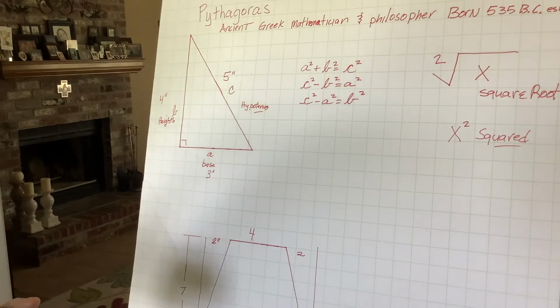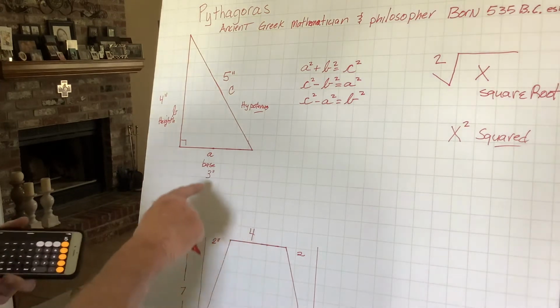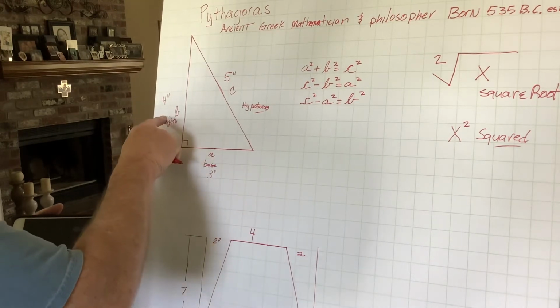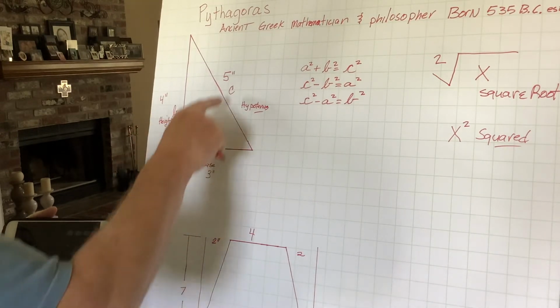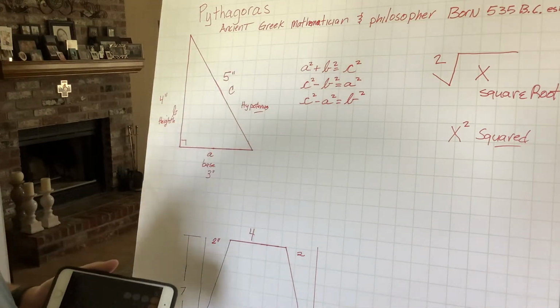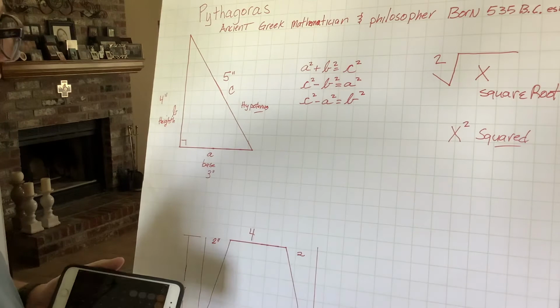It's pretty handy when you go into doing buildings or something like that, when you're laying out a slab or trying to figure out a big, long square corner. We could use derivatives of this. We could say 3, so you could use a 6, 8, and then you're going to have a right triangle with that also.